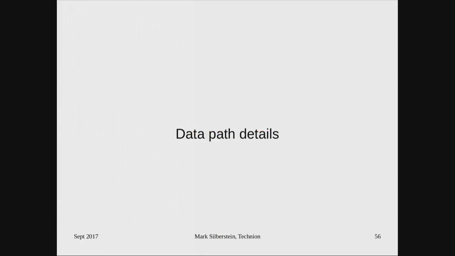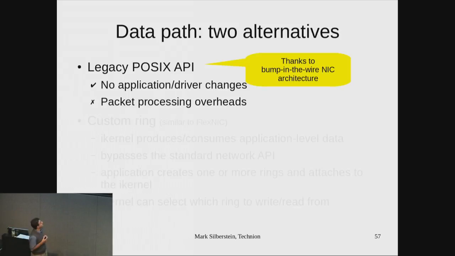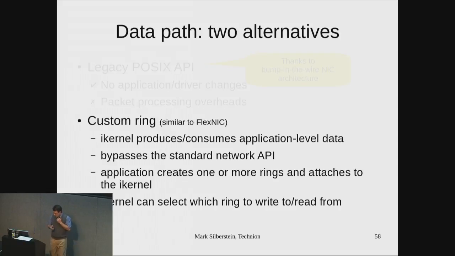This is the most interesting part, getting a little bit more technical. The first way to do the data path, as I mentioned, is to support legacy through POSIX. That's easy. But there's another type of interface that we provide, which we call custom ring. Custom ring is something for advanced users.